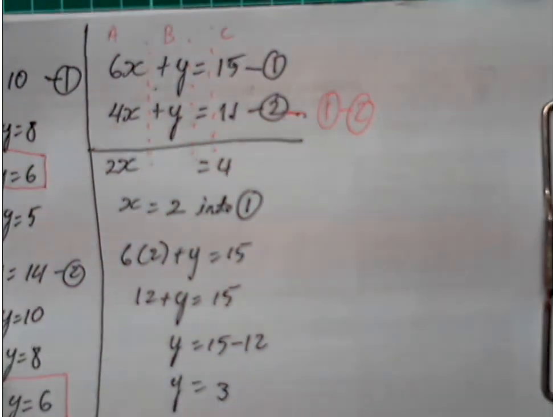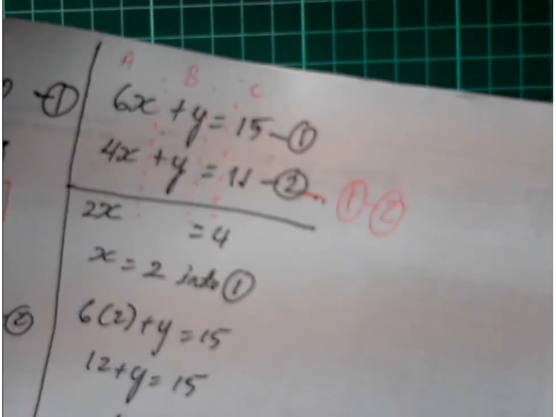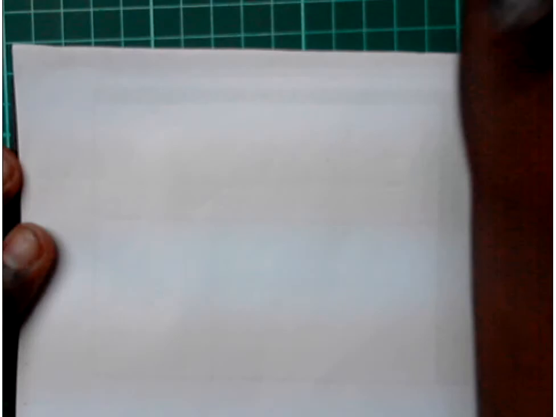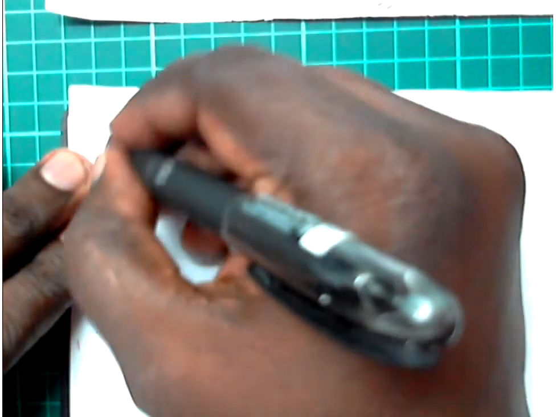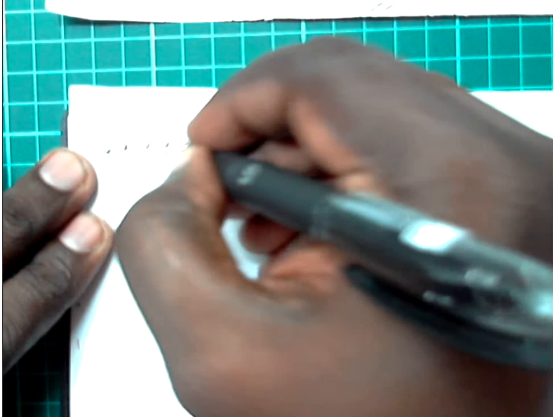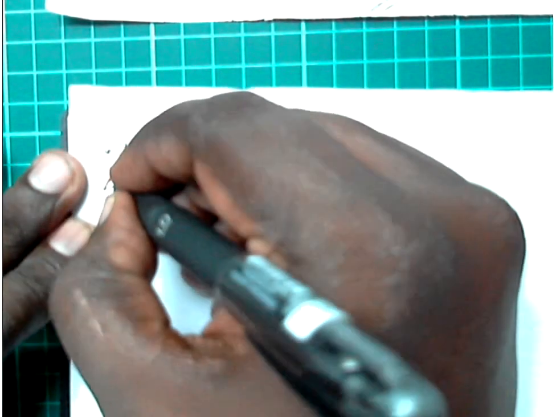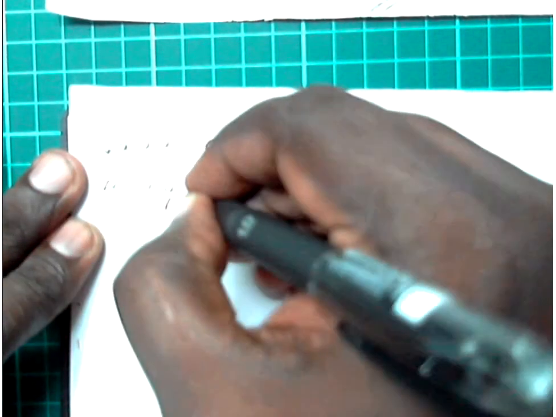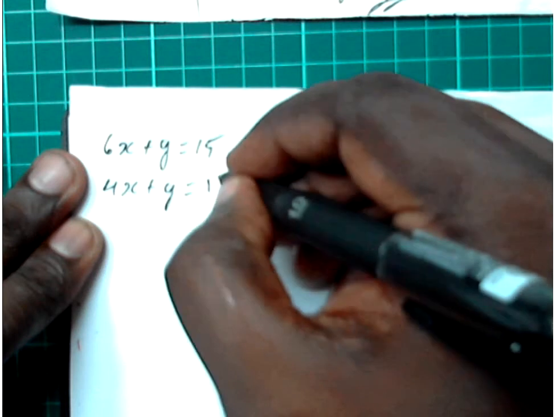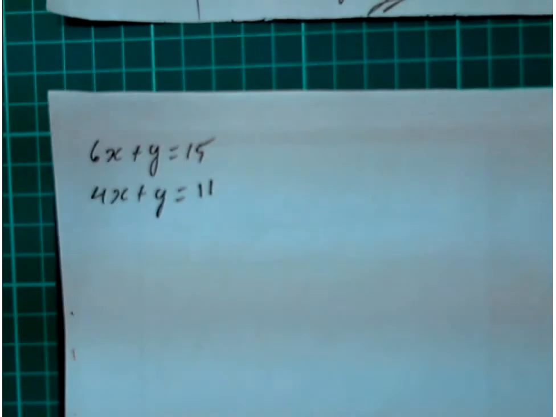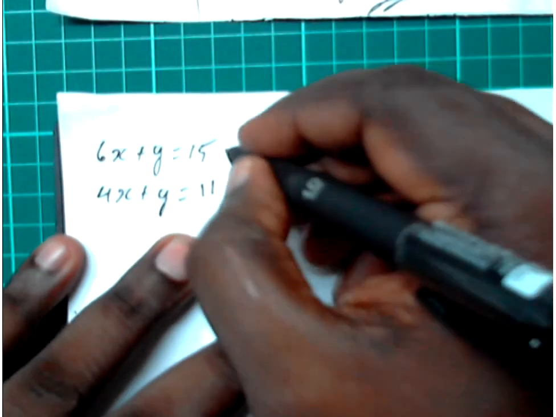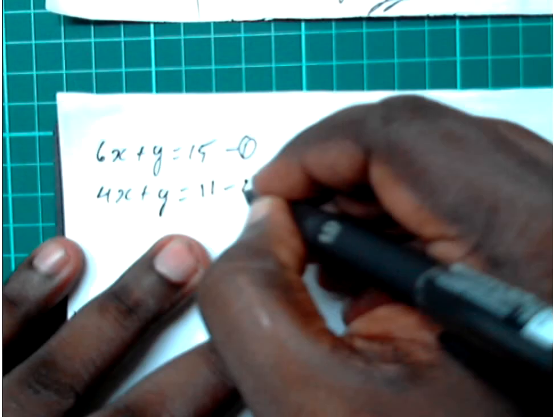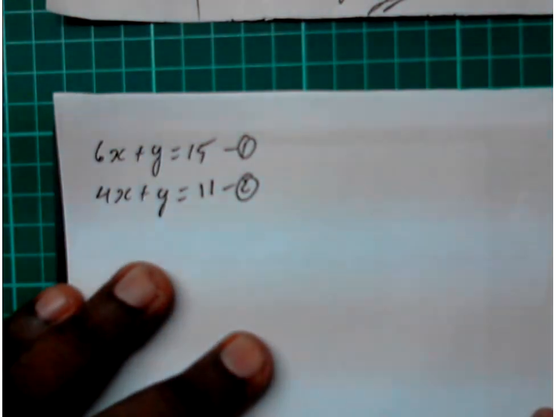Now let's take the same question, but solve it another way called substitution. So once again, let me get my equations. Equation 1, 6x plus y equals 15. Equation 2, 4x plus y equals 11.